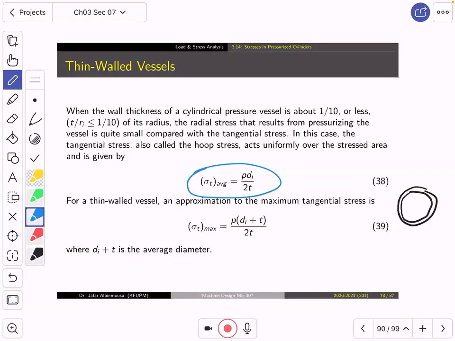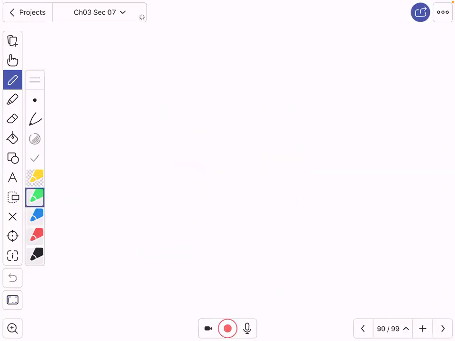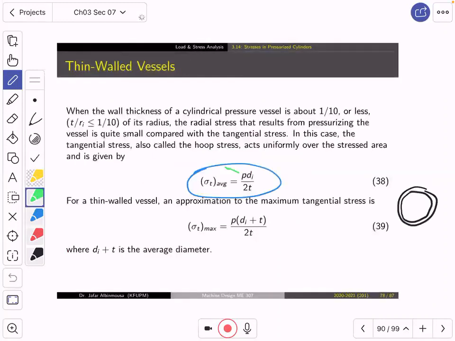This tangential stress, sigma T, the average value, as you can see, there is a value which is big here and there is a value which is small there. So the average, which is somewhere in the middle between the big and small, is calculated as the inside pressure multiplied by Di, no more Do, divided by twice the thickness.